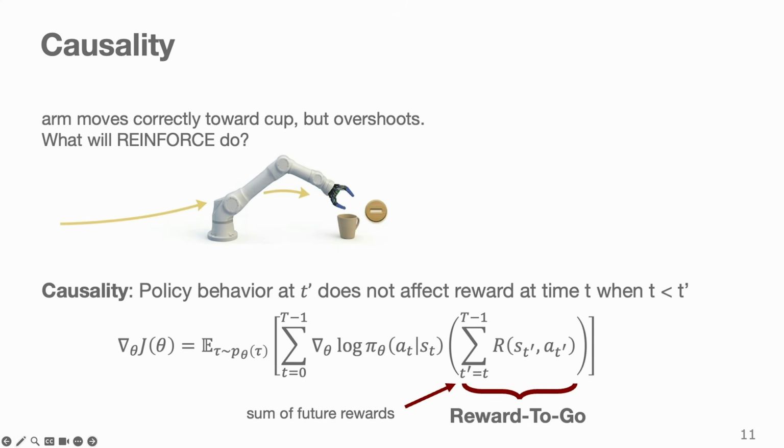The first fix to alleviate this issue is called reward-to-go, where instead of multiplying the gradient of the action at time t by the sum of all rewards, we only multiply it by the rewards from t until the end of the episode. This way, we're not changing the expected value of our gradient, but we are significantly reducing the variance and addressing this overshooting example.